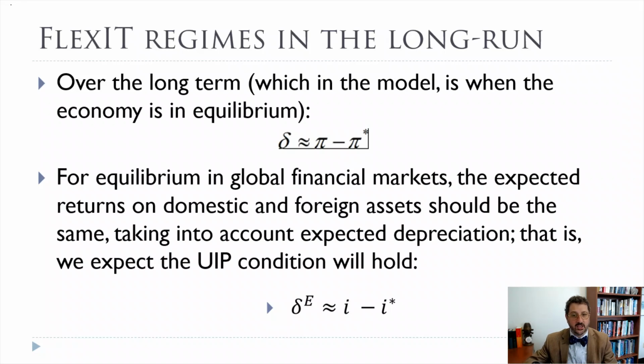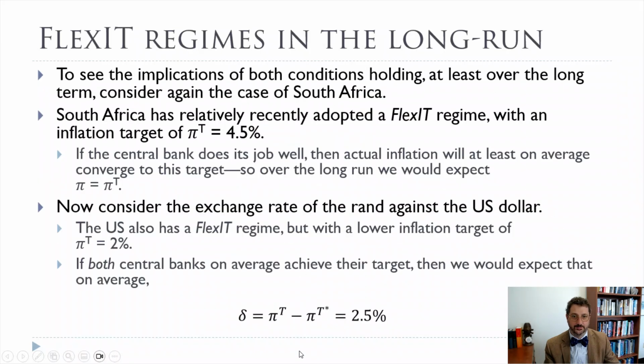But we also said that the uncovered interest parity condition says that the expected depreciation rate must also be equal to the differences in interest rates. And so that must be the domestic interest rate minus the foreign interest rate. So you'll notice we have delta on both sides of this equation.